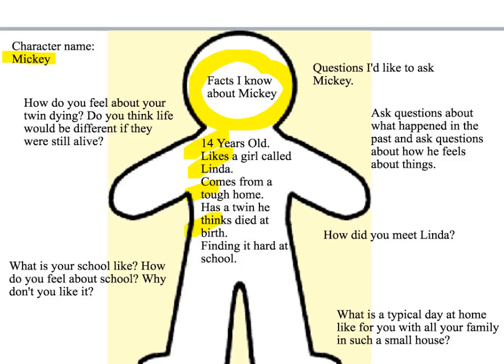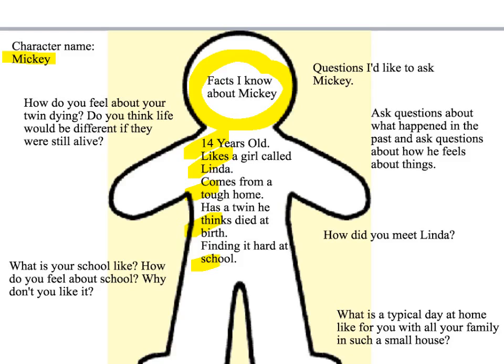He was a twin, but he thinks that twin died when he was born. And at the moment, he's finding it quite hard at school. So these are some basic facts that I know about my character from reading the play.